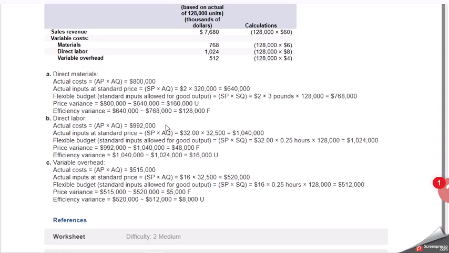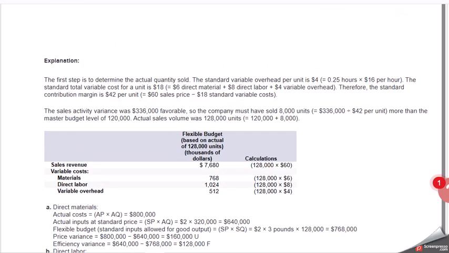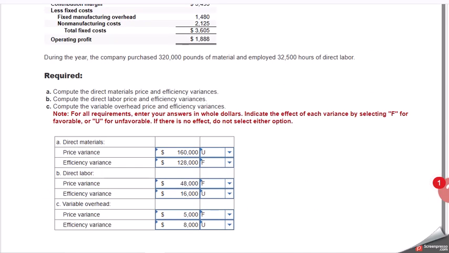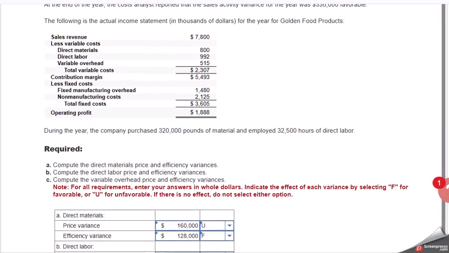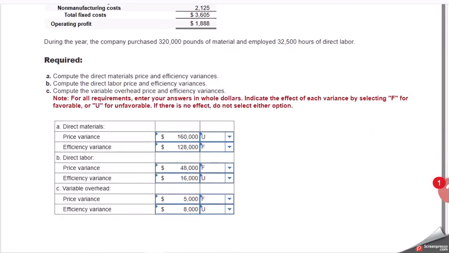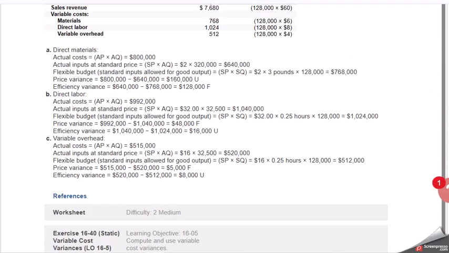Then we take our actual costs and compare them to our actual inputs for direct labor hours. So we had 32,500 direct labor hours, which they give us above. And then our standard cost is $32 an hour, and the 0.25 of an hour is already built into the hours.